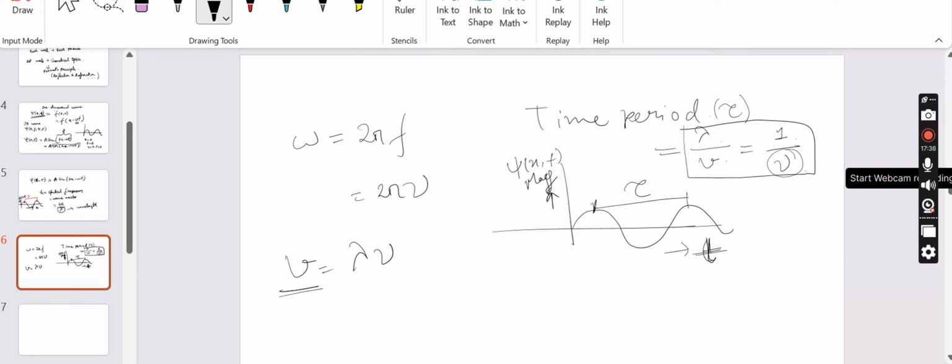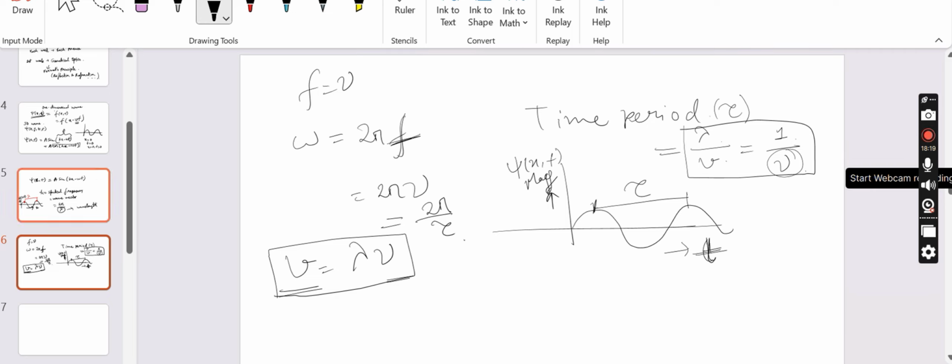Sometimes v and nu can be confusing, like my handwriting is so bad that v and nu can be confusing for you guys. So I will try to use f. So f and nu is the same thing. V is velocity, and so we can write angular frequency omega as 2 pi by tau, that is 2 pi times 1 by tau.